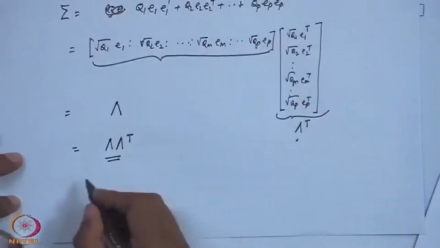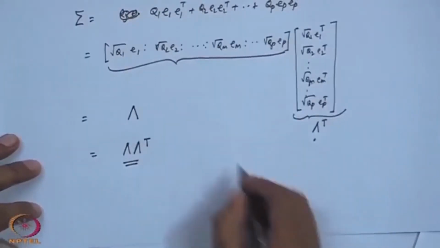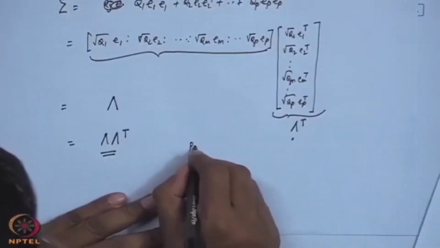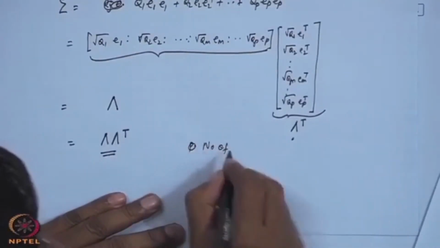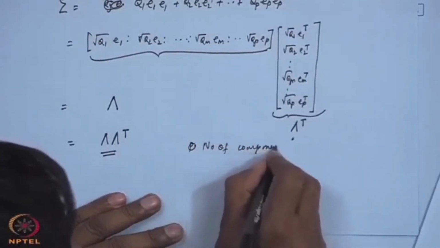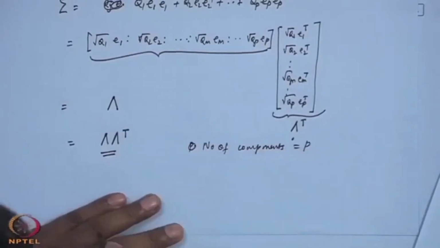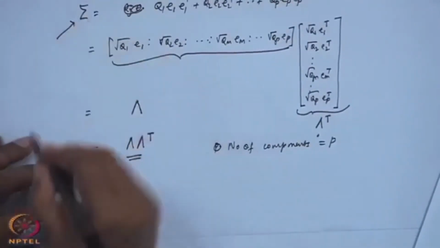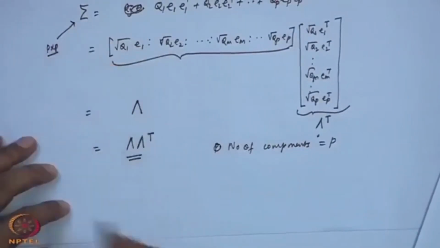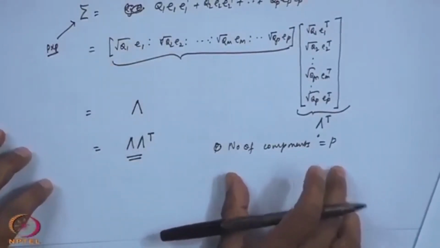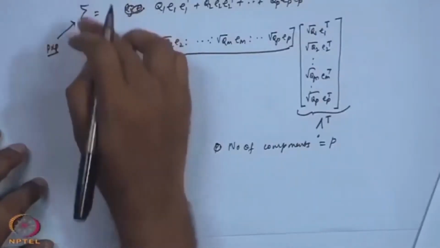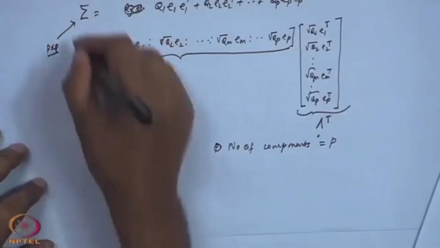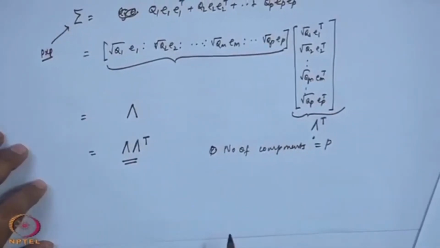In this case, the number of components extracted is p, and this matrix is also a p cross p matrix. So the maximum possible component is extracted, and here we are definitely assuming that the rank of this matrix is p, that is, full rank, in this sense.